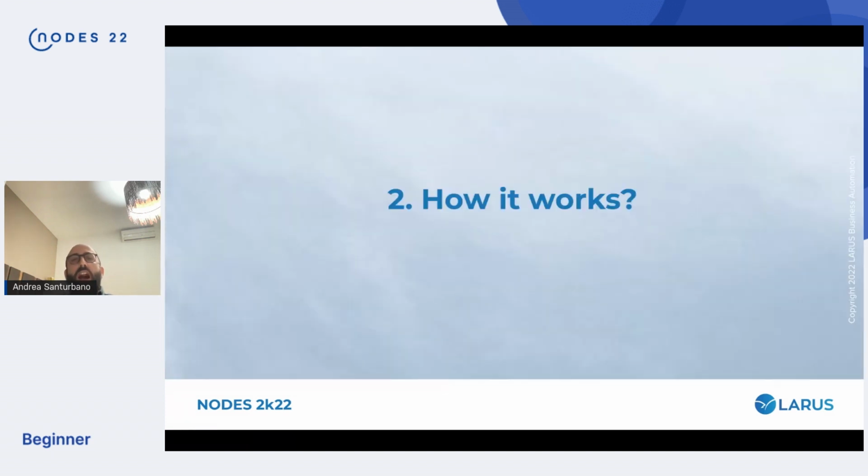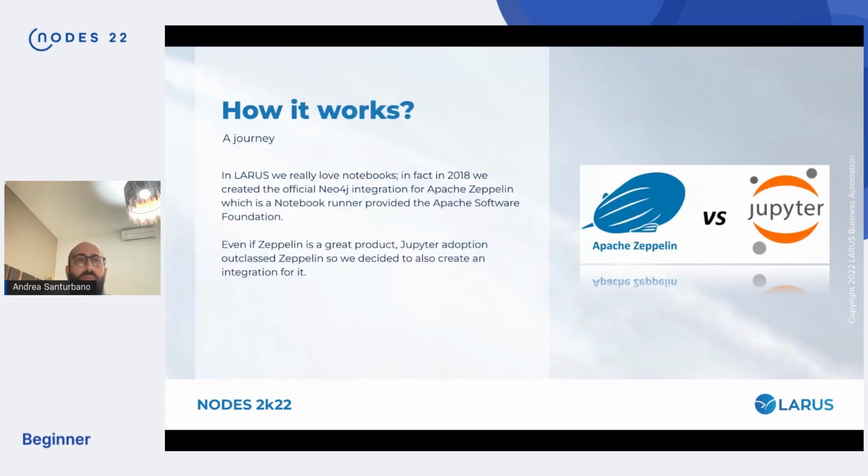So how does cy2py work? For us, it's a journey. At Larus, we love notebooks. In fact, in 2018, we built the official Neo4j integration for Apache Zeppelin. Apache Zeppelin is a notebook runner, just like Jupyter, but it's provided by the Apache Software Foundation.